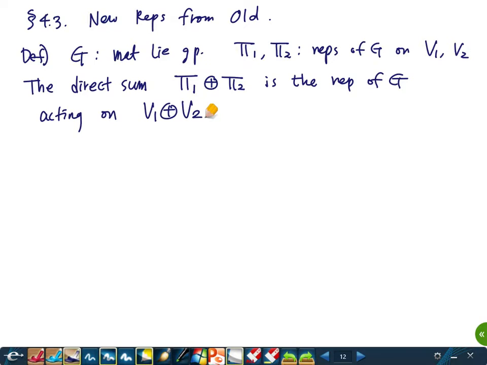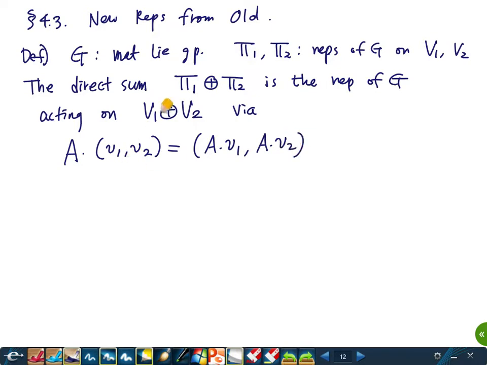We have to define the action, right? Via the action. So an element here can be written as a pair, and the action is component-wise. Because V_1 is a representation, we already have an action there. This is an action for V_1.